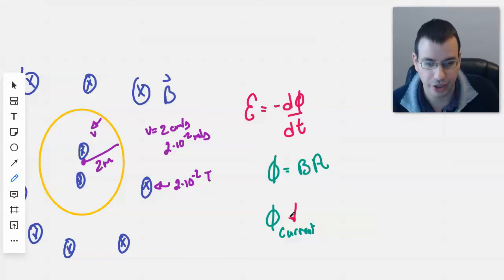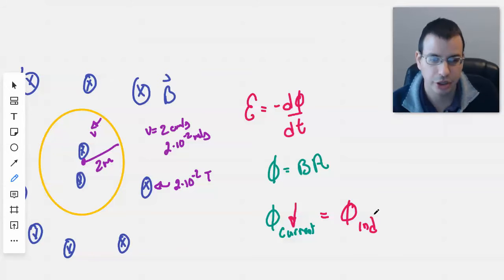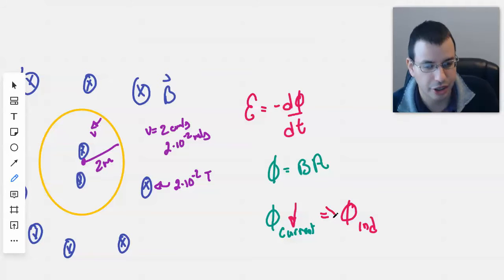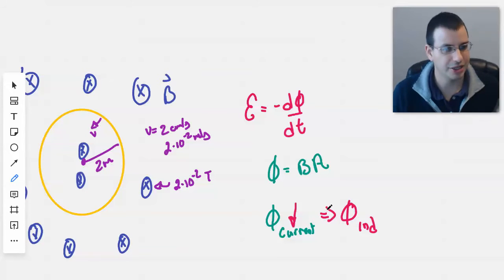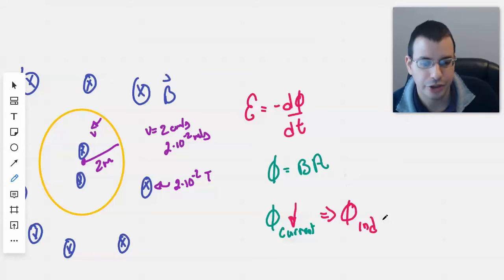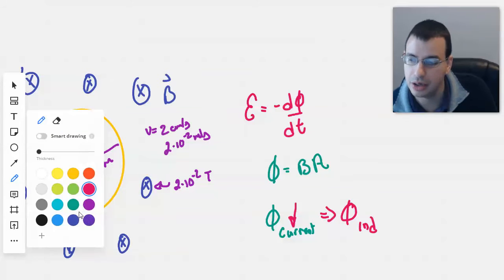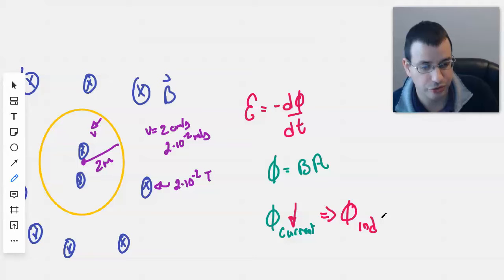So this is going down. And so there's going to be an opposite reaction. I'll call this the flux induced, causing, I'm going to draw an arrow saying that this implies, not saying equality. So the induced flux will be up.